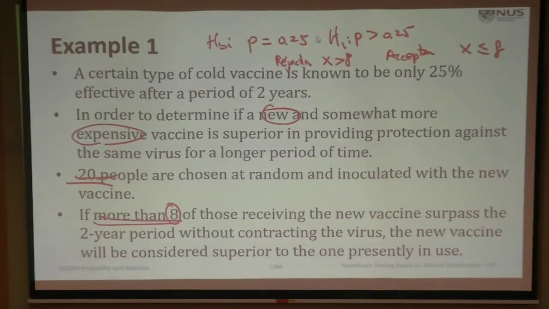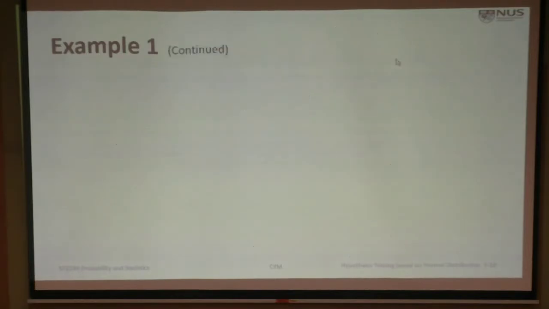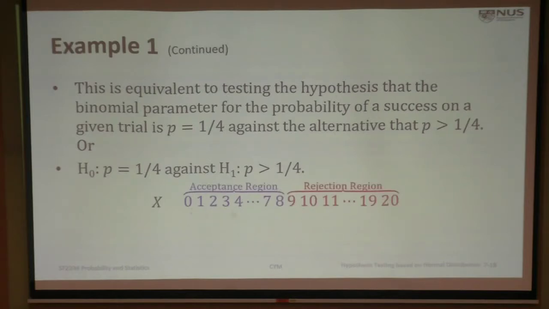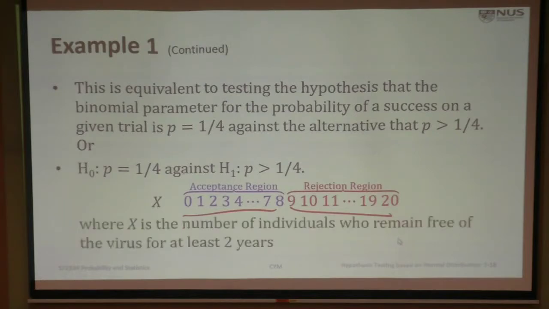So how good is this rejection and acceptance region? We have to calculate. Now we want to test the hypothesis P equal to 0.25 against P bigger than 0.25. This is our acceptance region and this is our rejection region. So we ask, what's the chance that we commit a type 1 error?